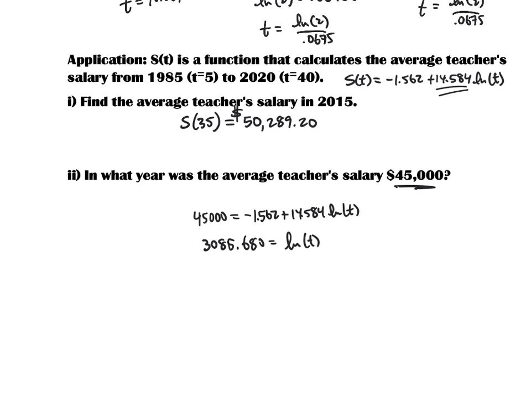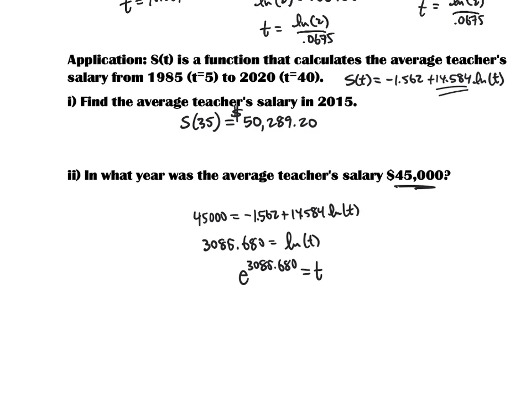Now I might have an issue here, but we'll see. So the natural log of t equals that. Therefore, e to the 3085.680 should be the year. I think I've got an issue here.